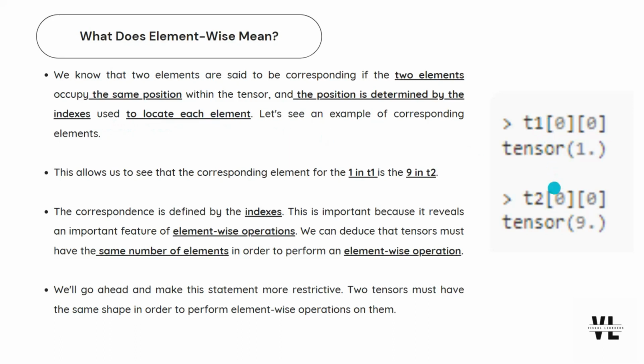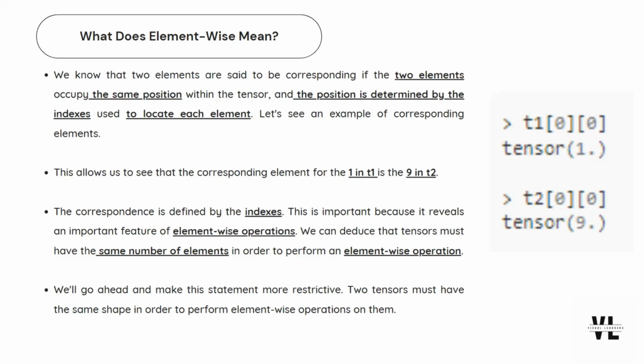So T1 and T2 are two different tensors, and if we use the same indexing to access the elements in the two tensors, we can see that 1 and 9 are the corresponding elements within these two tensors.